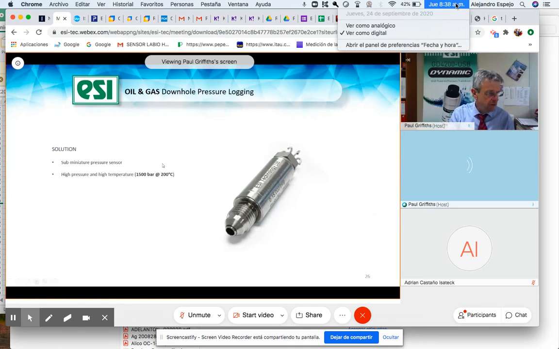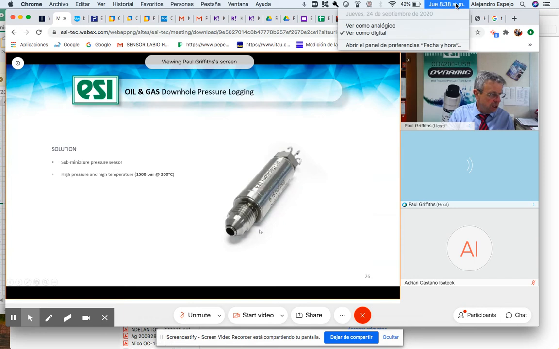So we have made a sensor, a very small transmitter that will work at 200 degrees C. It's completely sealed, and you would screw this into the tool and connect to special high temperature circuit boards, and then that can be communicated to the surface, or it can be attached to a data logger in the tool that can be extracted in a few months' time, in a year's time, sometimes 5 years' time.